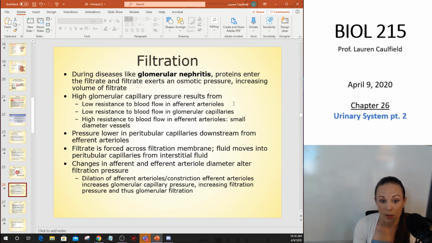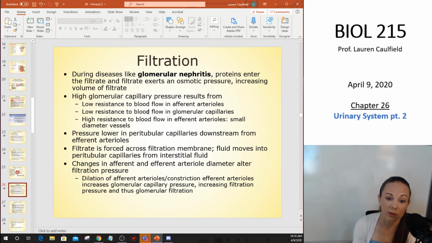through them. So we remember that resistance, okay, low resistance is going to make things easier to flow. So if you have a low resistance to blood flow in the afferent arteriole, that means it's going to be very easy for blood to flow into that glomerular capillary bed, creating a high glomerular capillary pressure. Okay?